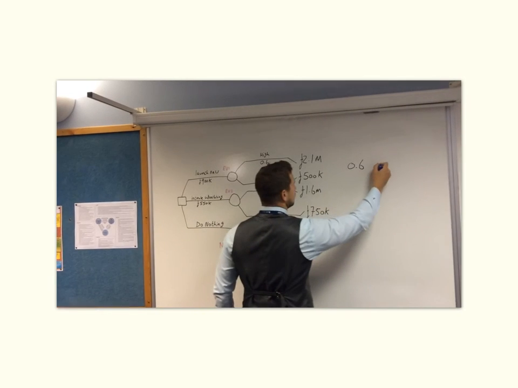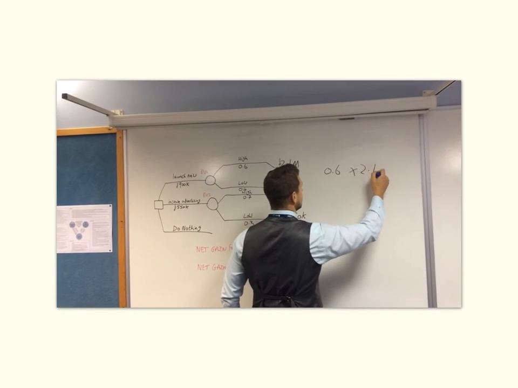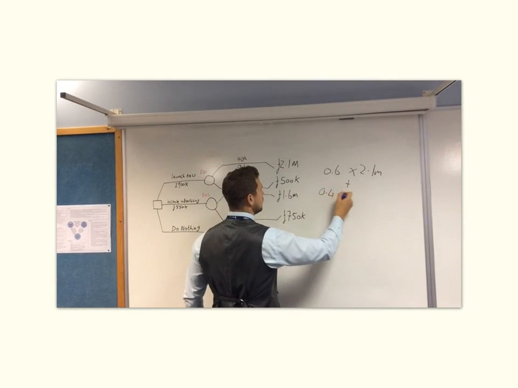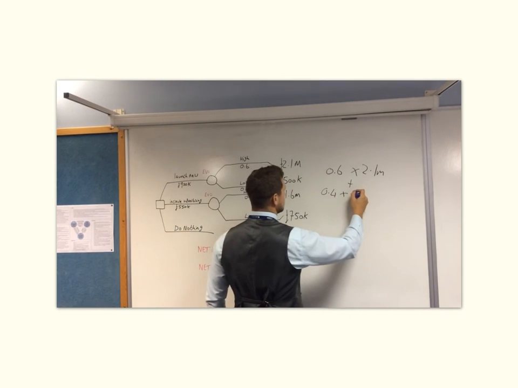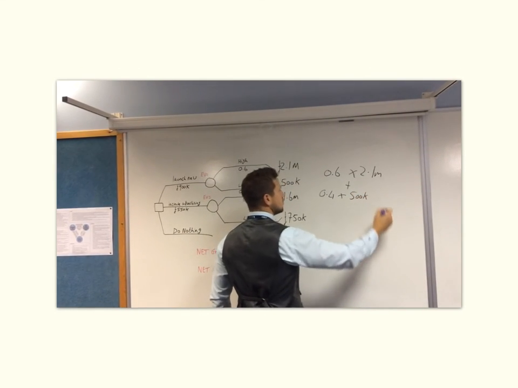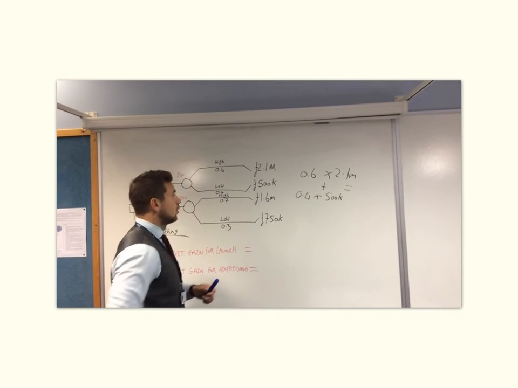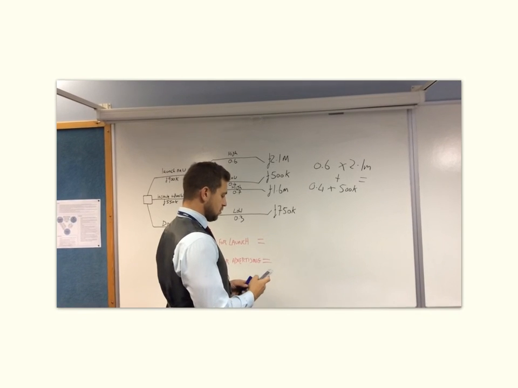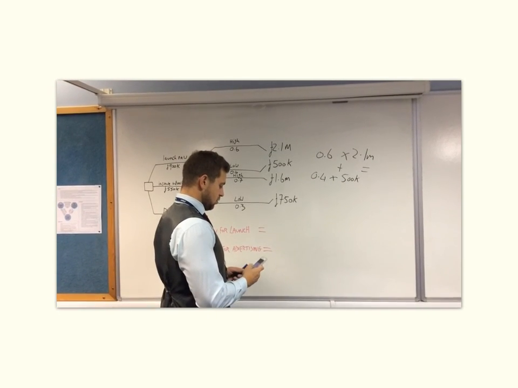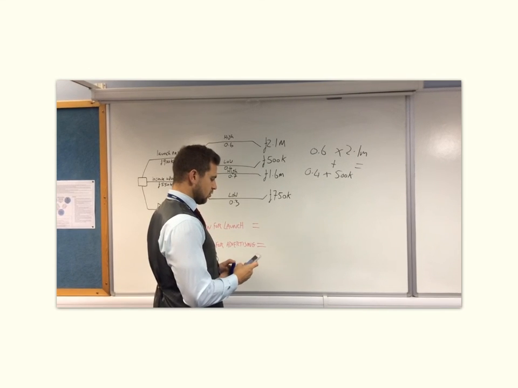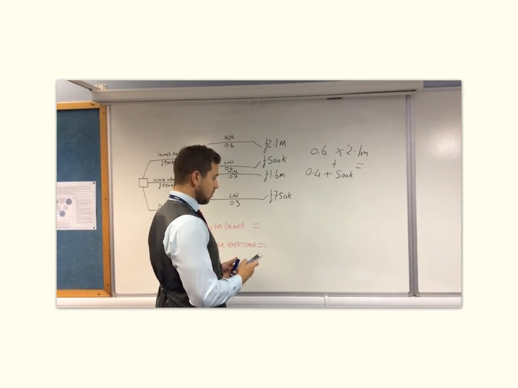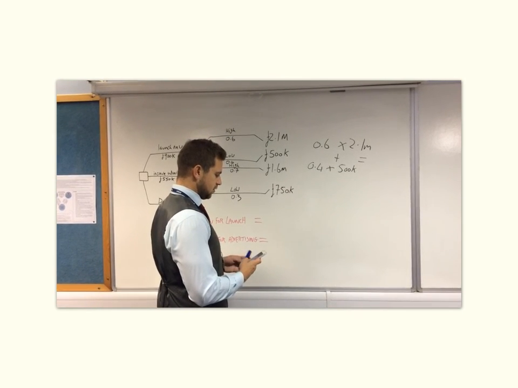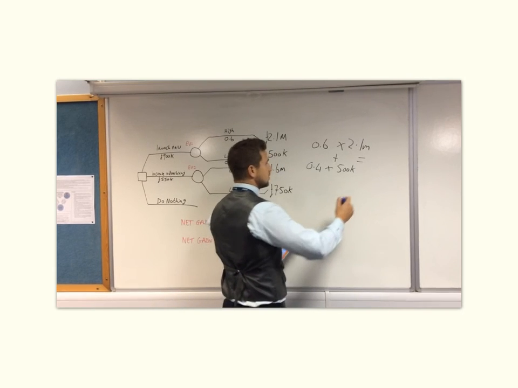So all I'm going to do is 0.6 multiplied by 2.1 million plus 0.4 times 500,000. This should give me the expected value for the launch new product. So if we do the calculation, 0.6 times 2.1 million plus 0.4 times 500,000 gives us 1.46 million.